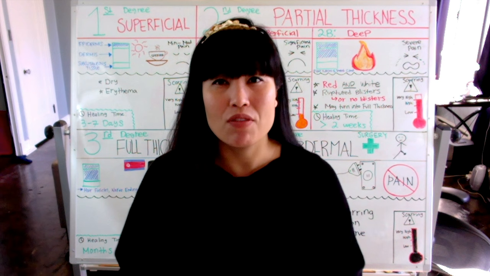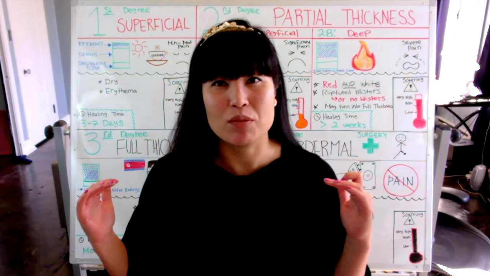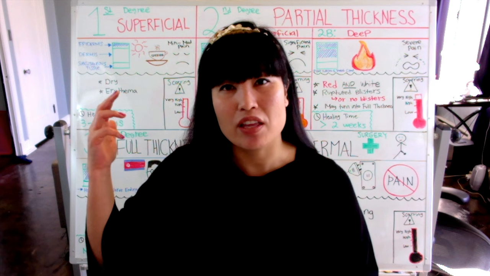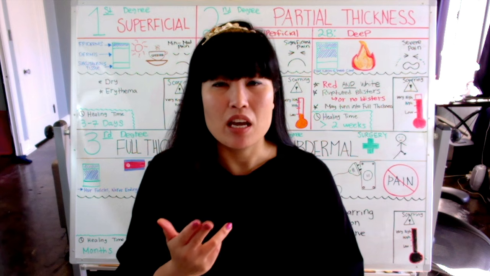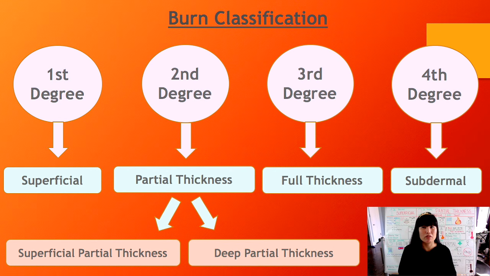In terms of the way that the burn classifications are broken down, you'll see here that I've written 2 different versions, and that's because traditionally the burn classifications were referred to as 1st degree, 2nd degree, 3rd degree, and so on and so forth. Now they're referred to as superficial, partial thickness, full thickness, and subdermal burns. And there are more classifications than this.